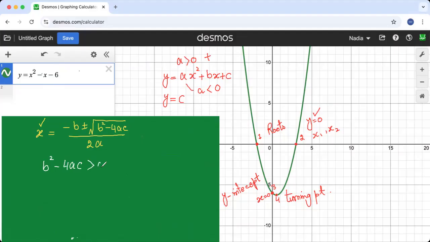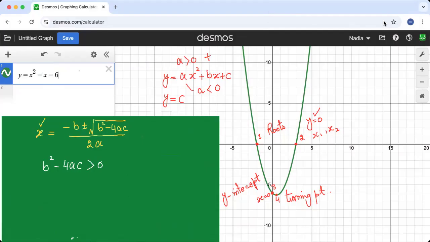So if we have b square minus 4ac greater than 0, meaning it is a positive value, then we can solve the square root. So ultimately we will have two values of x, meaning there will be two roots.